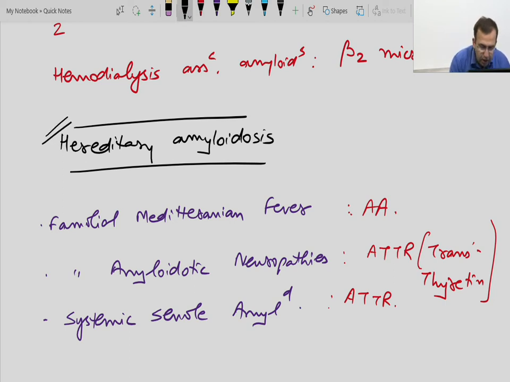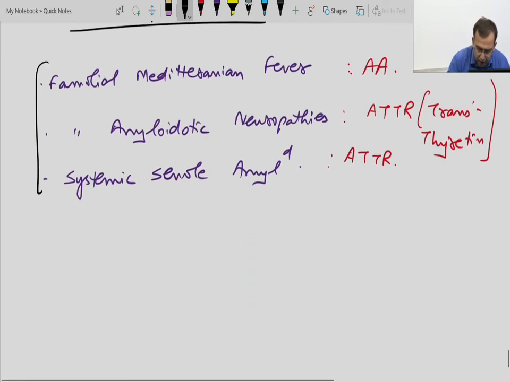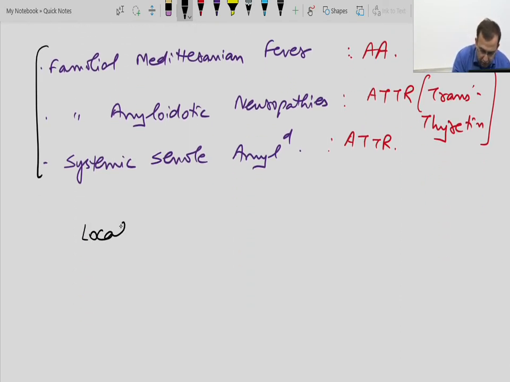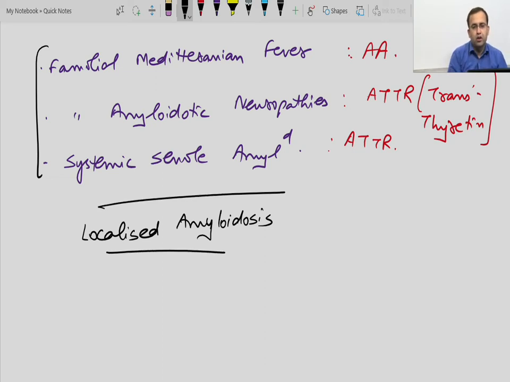These three hereditary amyloidosis were important. Differentiate hereditary amyloidosis from localized amyloidosis.